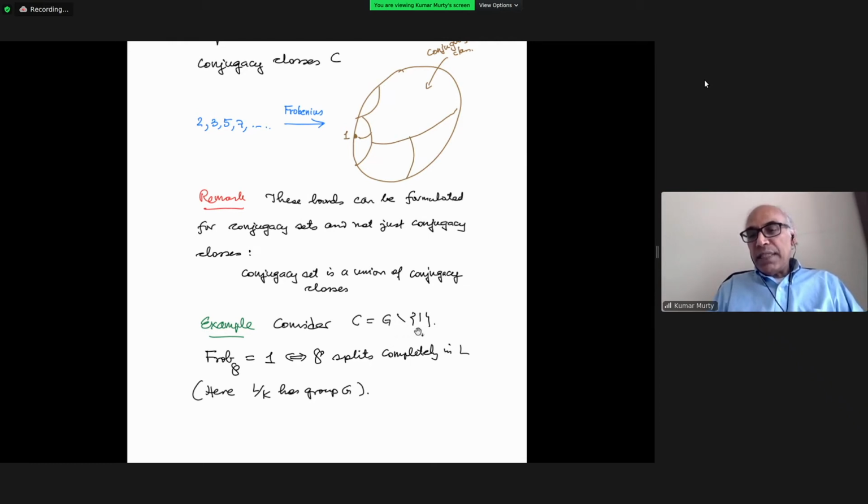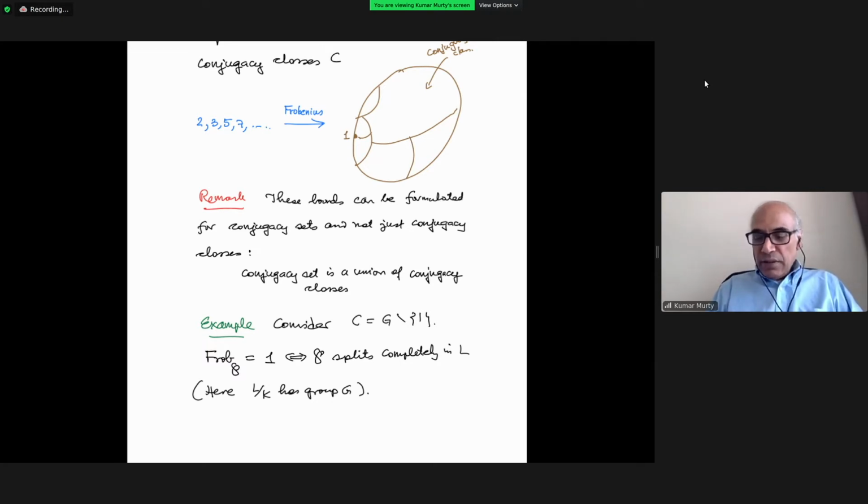Namely, just remove the identity element, G minus the identity element. So what does it mean for a Frobenius element to be trivial? It means that the prime splits completely. That's equivalent to this. So by removing the identity, and asking Frobenius to land in the set C, I'm looking for primes that don't split completely.